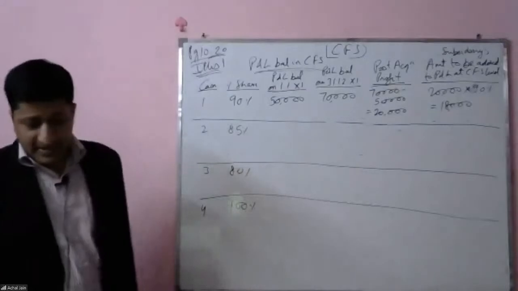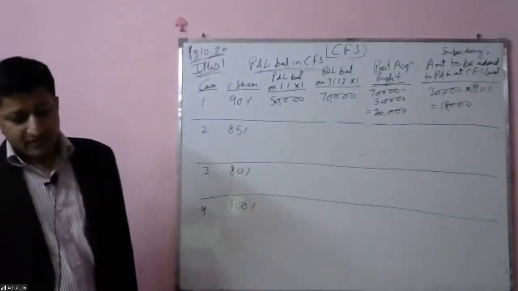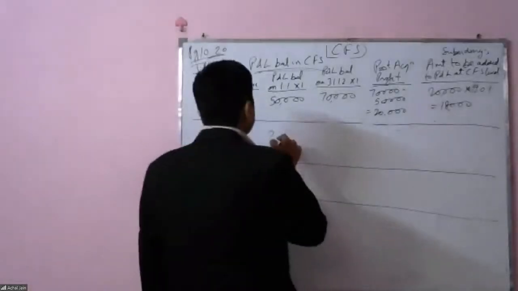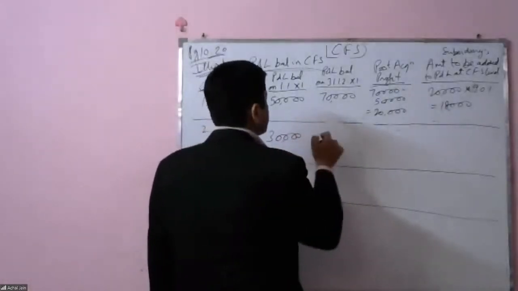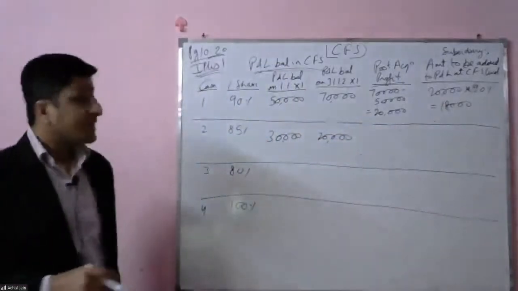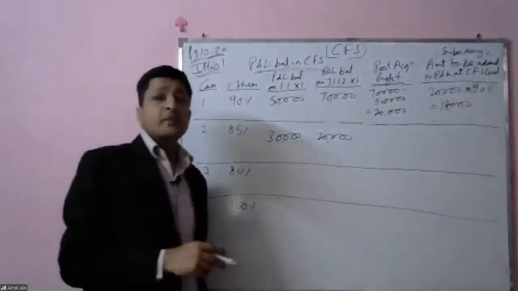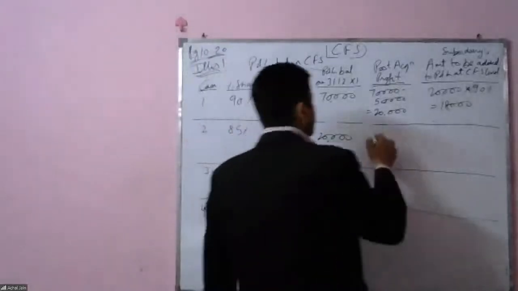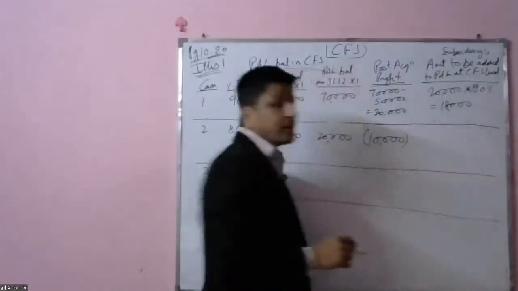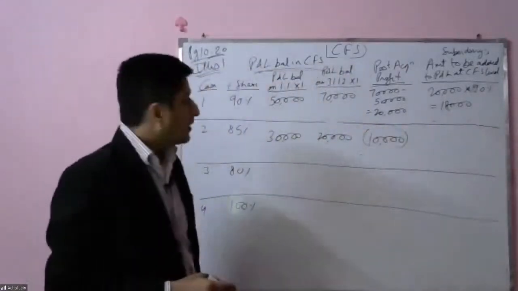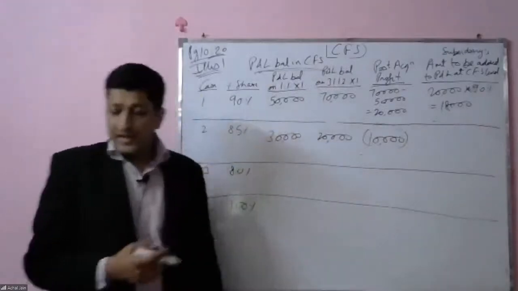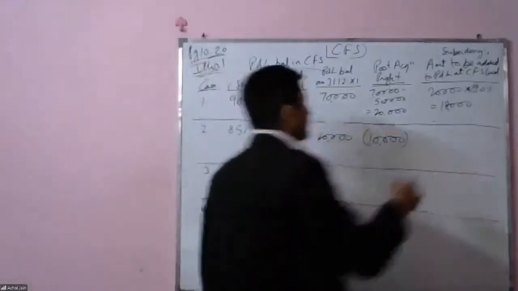Okay. Next situation. We have the reserve of 30,000, then 20,000. So that means after acquisition, there must be a loss of 10,000. Only then the reserves will go down. And the portion of this will go to the P&L at consolidated level.